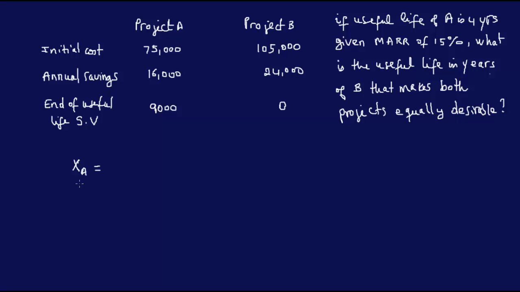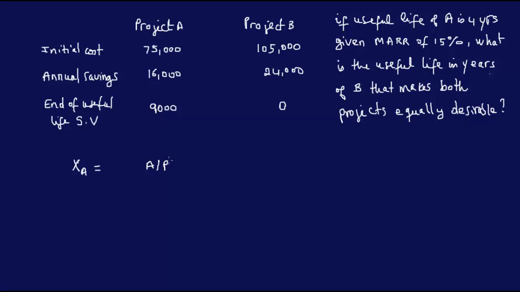Let's call it XA: the annual amount, the annual worth for project A. This is the present value. The way I do it to not get confused is that I'm given P, so I always put P in front. I'm given P and I want A.